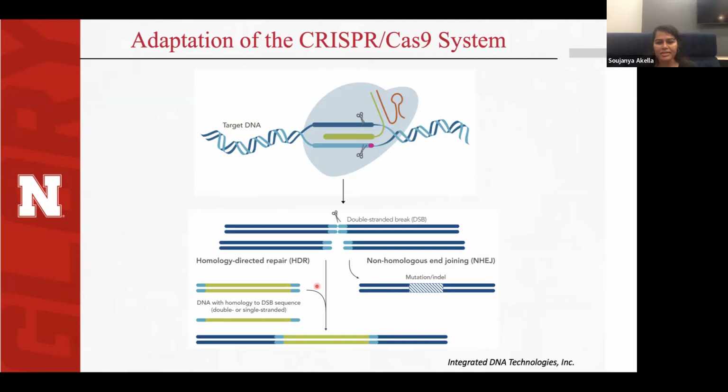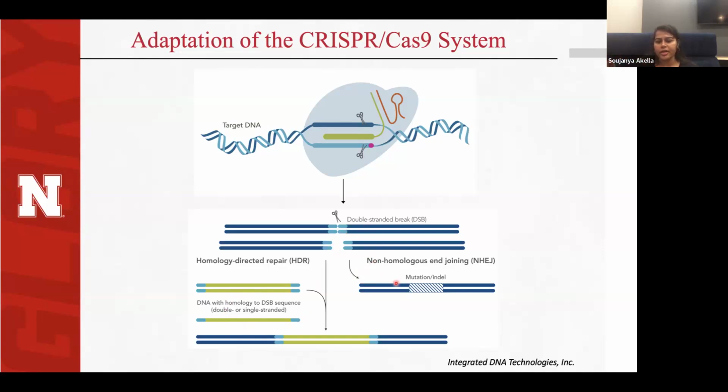You can imagine, it takes a lot more work to find a donor floating around somewhere after this break has occurred. And the DNA machinery wants to get to work, it wants to fix this break in the DNA. So it's fine with just grabbing any random pieces of DNA lying around.